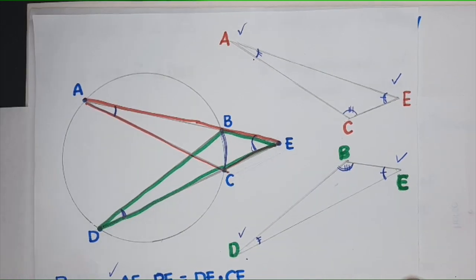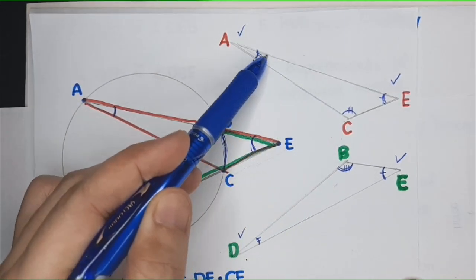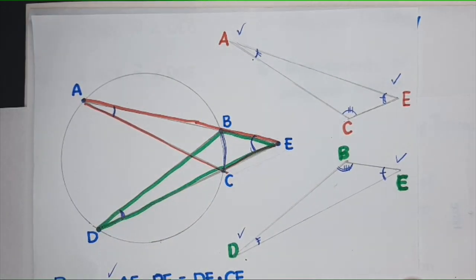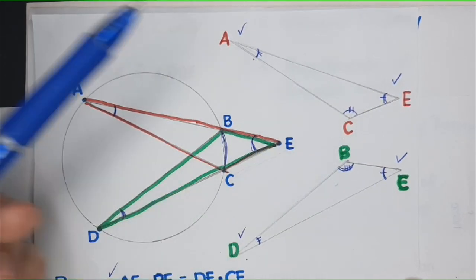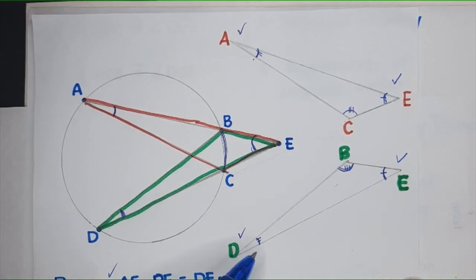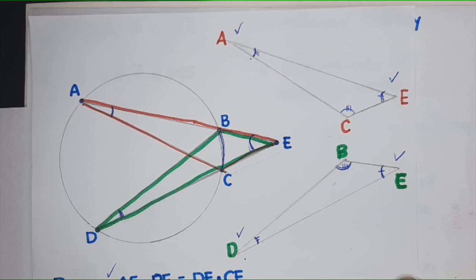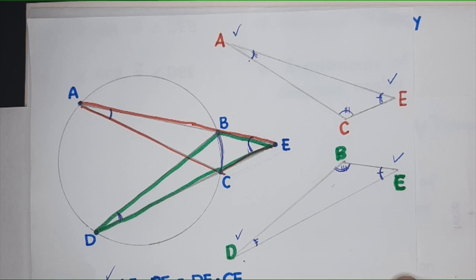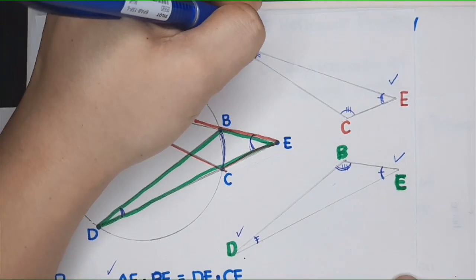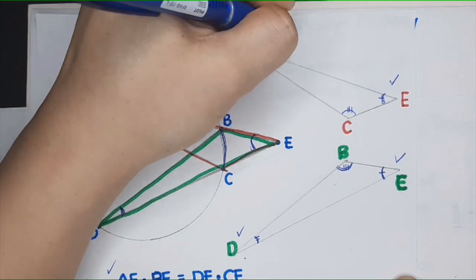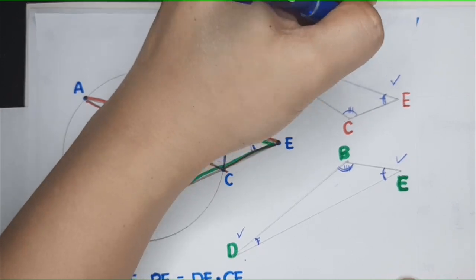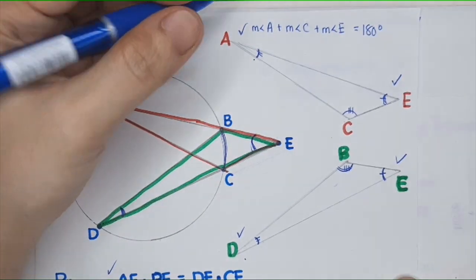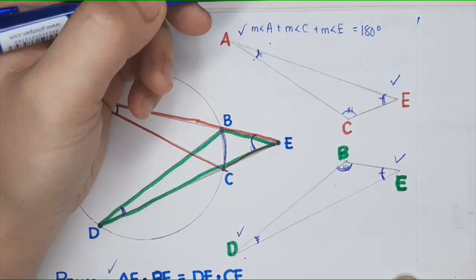Now, we all know that the sum of the interior angles of any triangle is equal to 180 degrees. Okay? So, kapag inad ko tong tatlong angles na ito, that's equal to 180 degrees. Ito rin, kapag inad ko, it's equal to 180 degrees. Okay? So, if you want me to write, pwede naman. So, dito, kunyari, measure of angle A plus measure of angle C plus measure of angle E, it's equal to 180 degrees. Dito ko na rin isusulat for the second triangle para mas makita ninyo.